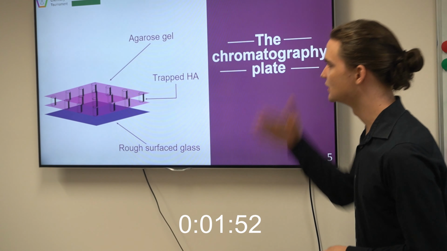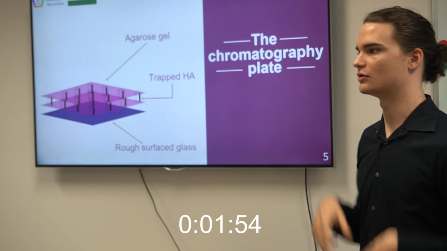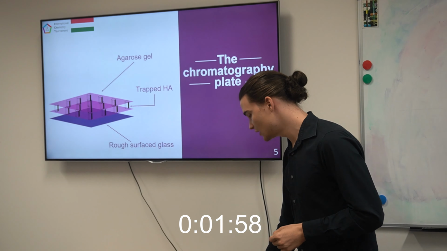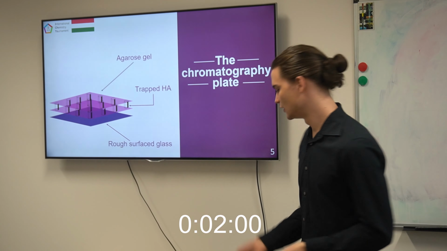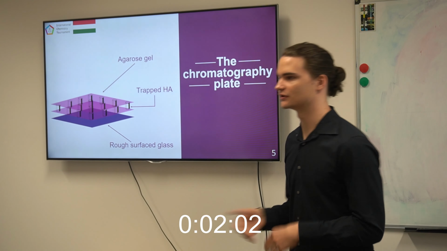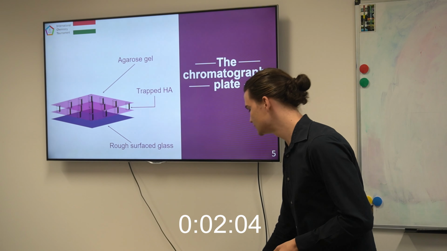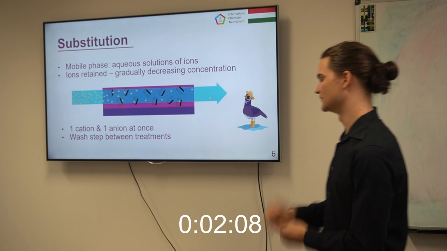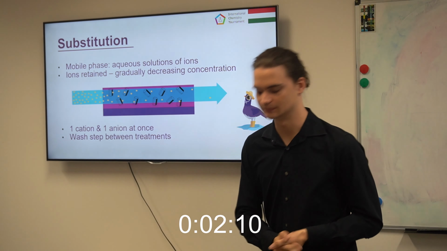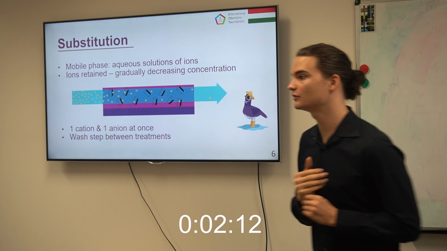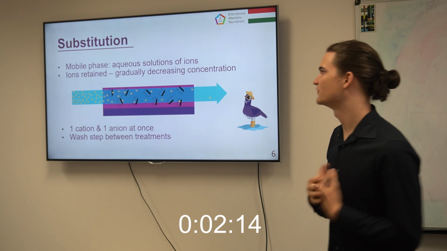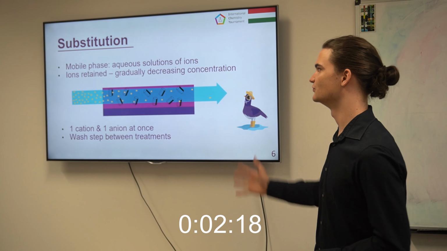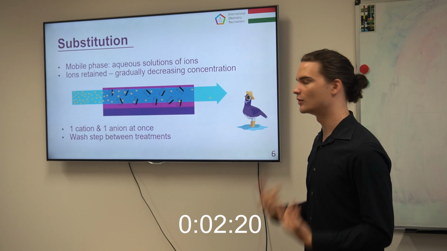So here you can see that we choose agarose for our organic gel. And now that our particles are in place, we can do the substitution. If the plate is the stationary phase in liquid chromatography, the mobile phase is the aqueous solution of different ions that will flow through the system in a given direction.